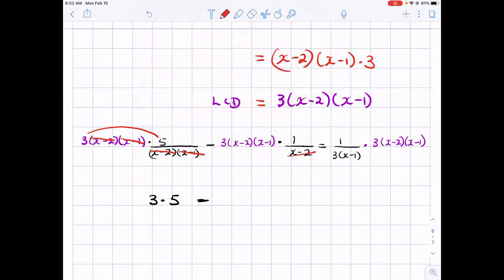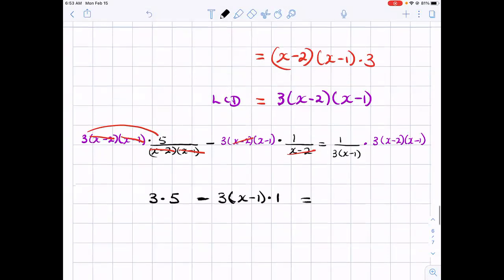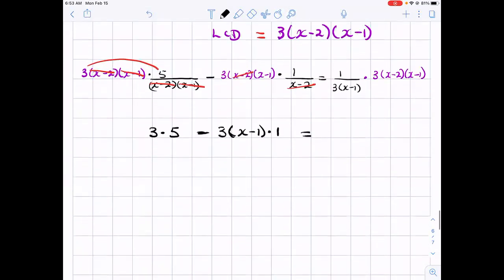This x minus 2 will cancel with that x minus 2, which leaves 3 times x minus 1 times 1, equals, on the other side, the x minus 1 cancels with the x minus 1 and the 3 cancels with that 3, leaving 1 times x minus 2.